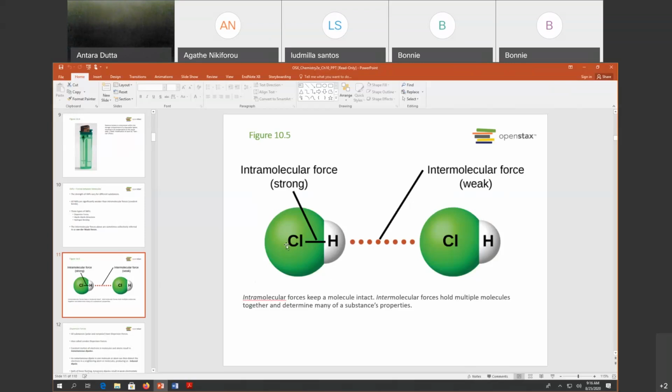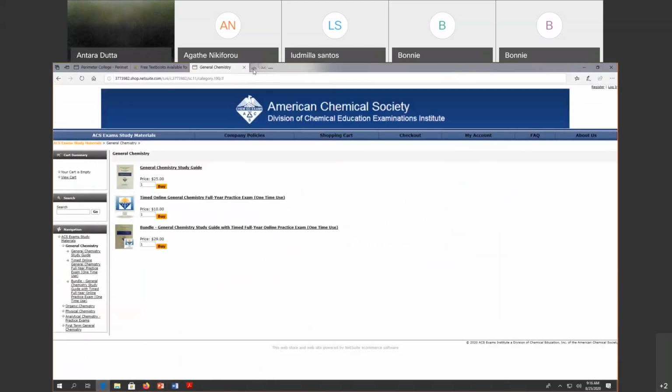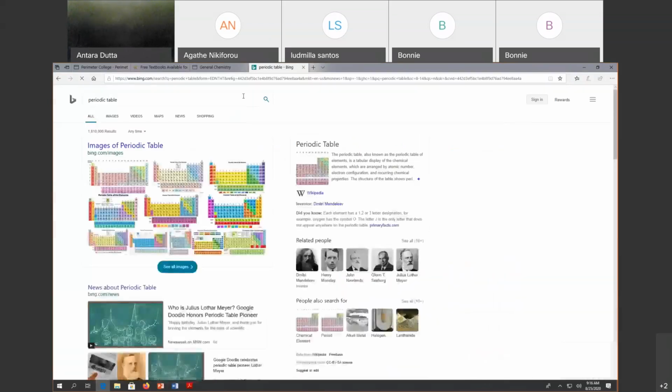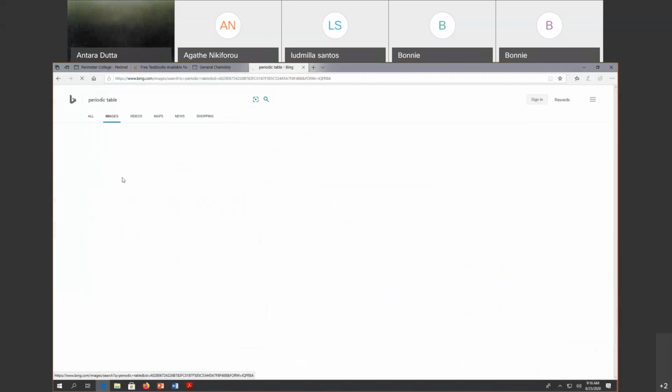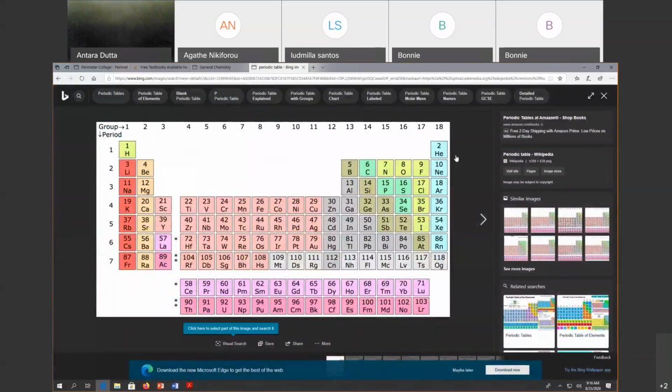If you have the periodic table with you, let me open the periodic table. So you see hydrogen on the very left-hand side, chlorine on the very right-hand side. So there is a large difference in electronegativity.